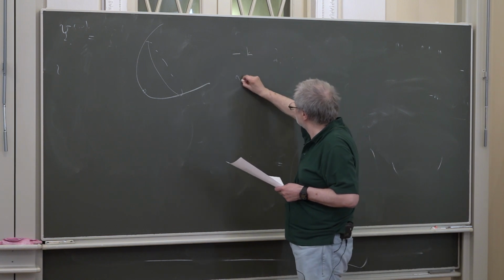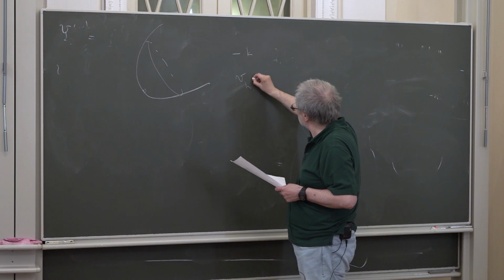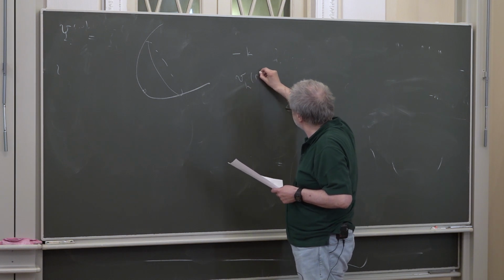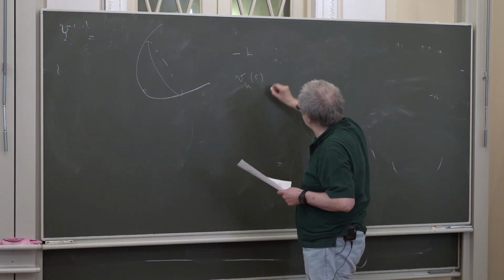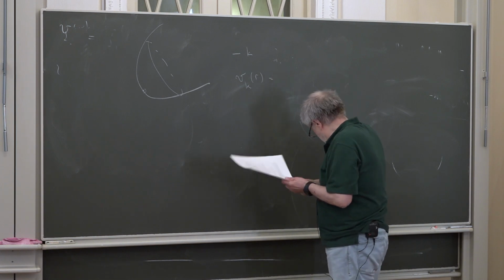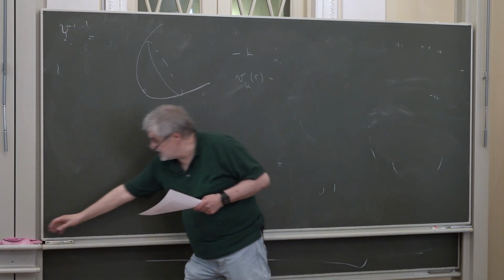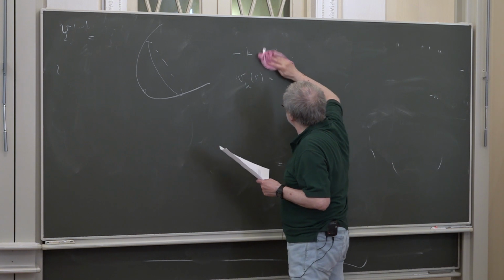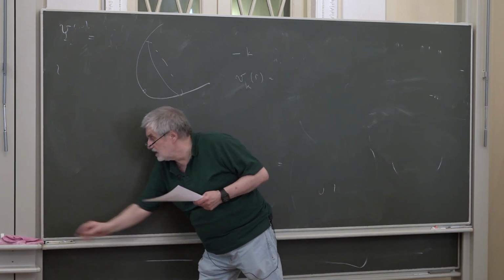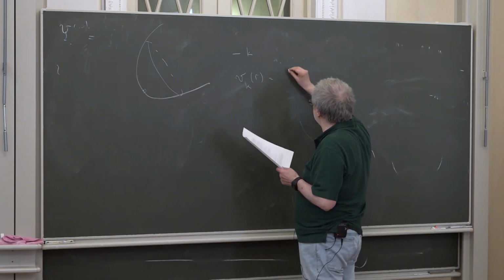And the volume of a ball in this space can be given by the following explicit formula.